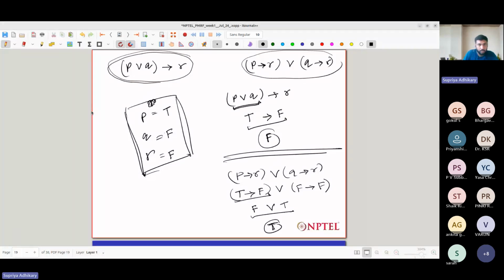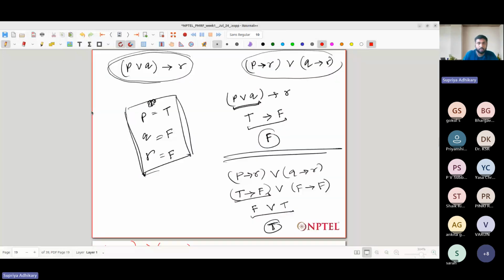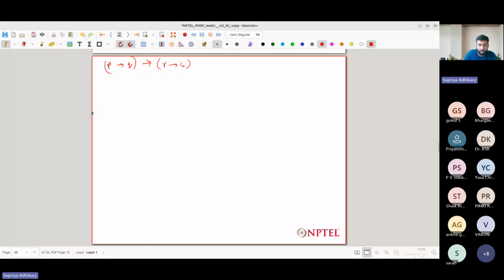And finally, we have the question C, which is P implies Q implies R implies S. And the other statement is P implies R and Q and S, P implies R, that implies Q implies S. Okay.